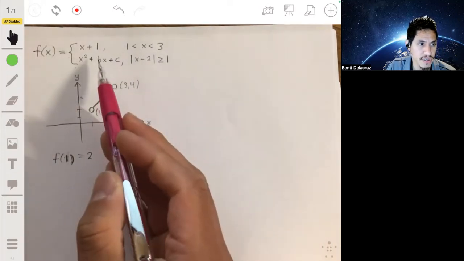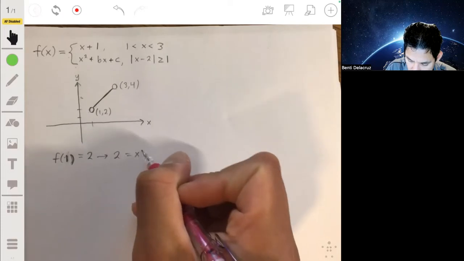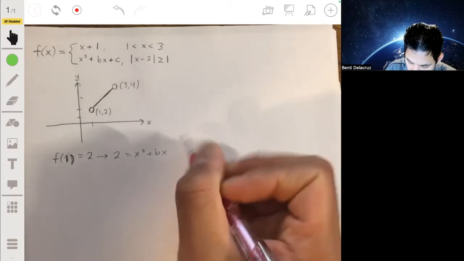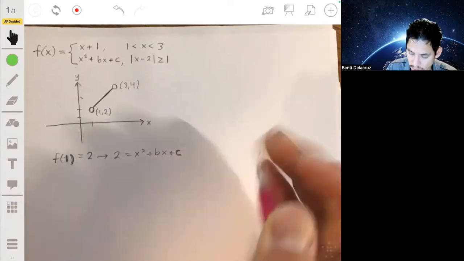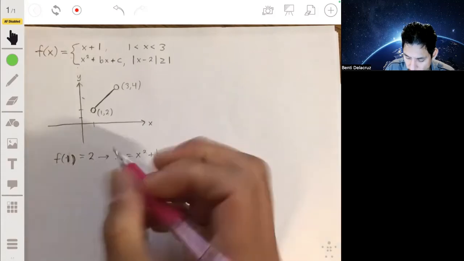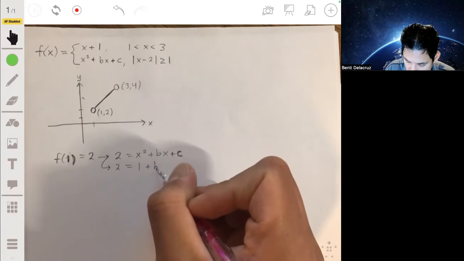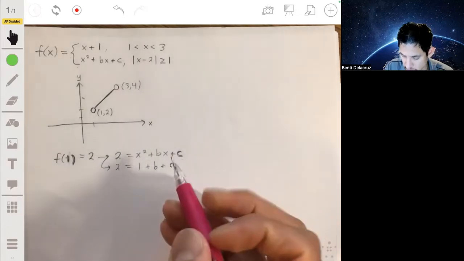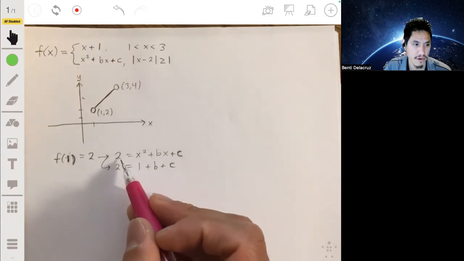So you set 2 equal to this equation: 2 equals x squared plus bx plus c. Plugging 1 in, you get 2 equals 1 plus b plus c, because the x value of 1 should make the equation equal to 2.